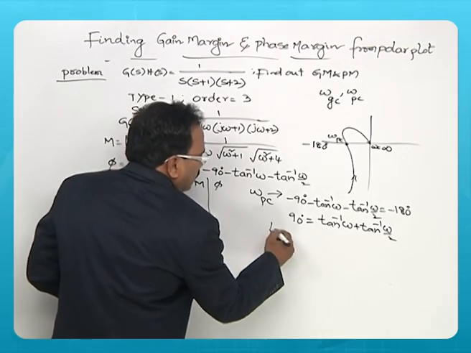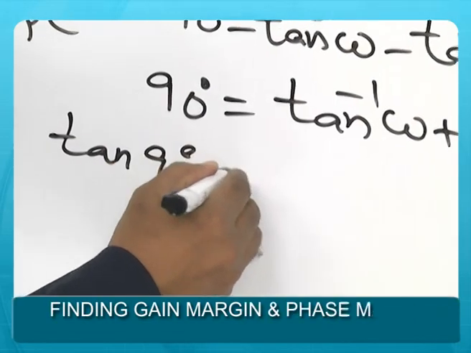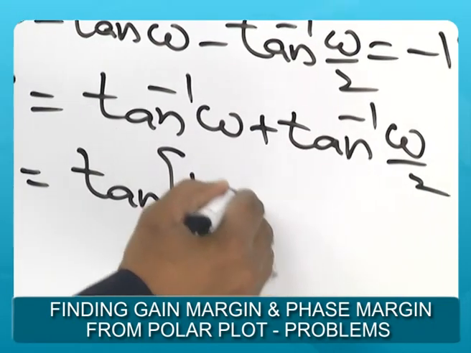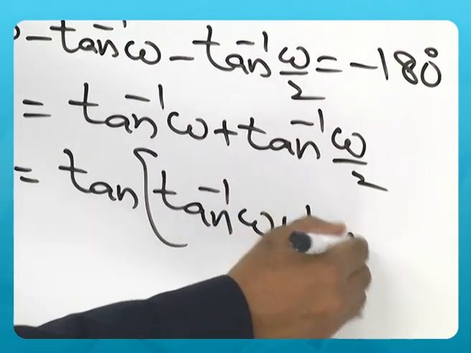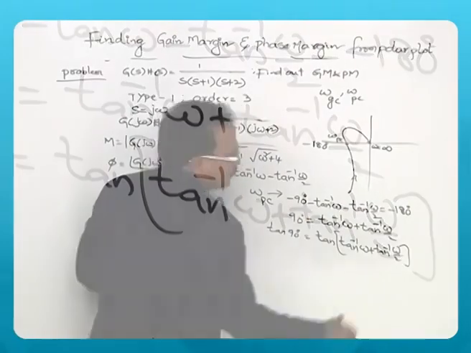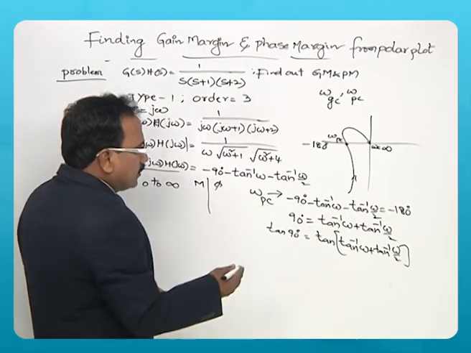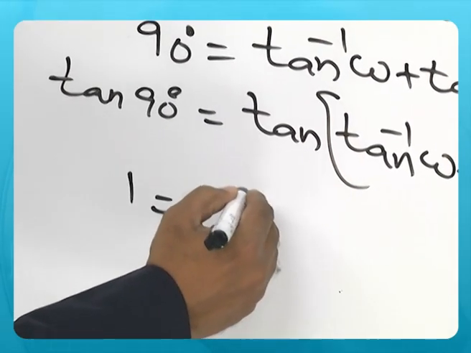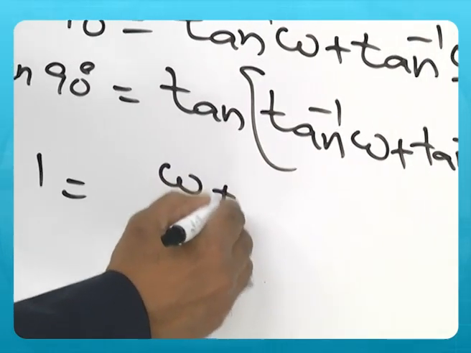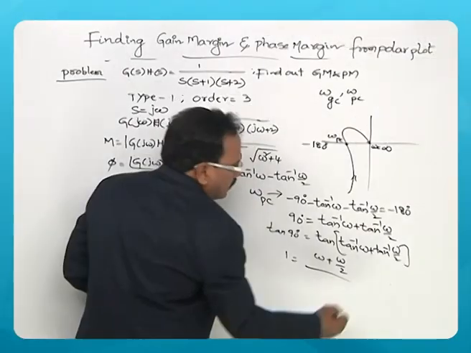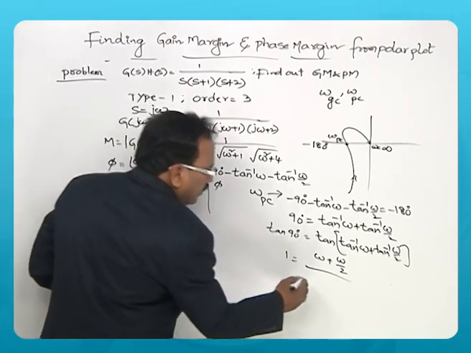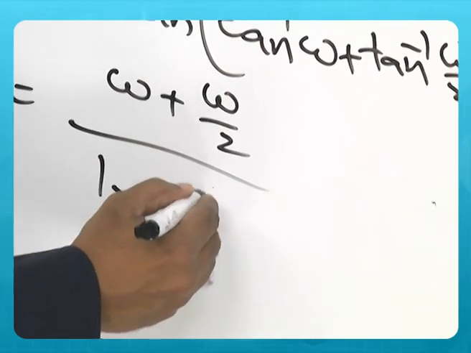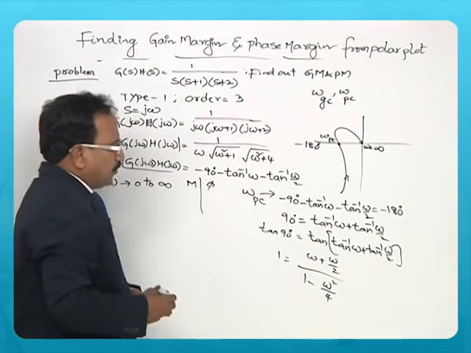If you apply tan to both sides, tan 90 equals tan of (tan inverse omega plus tan inverse omega by 2), then this can be written as (omega plus omega by 2), that is A plus B, divided by 1 minus the product of these two terms, omega into omega by 2, that is omega square by 4.